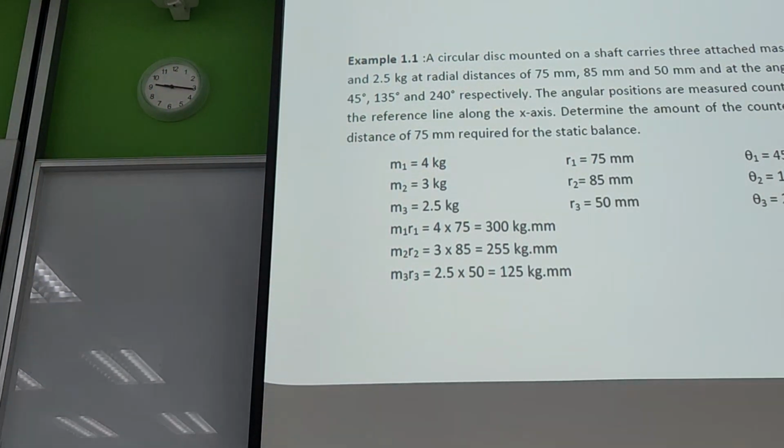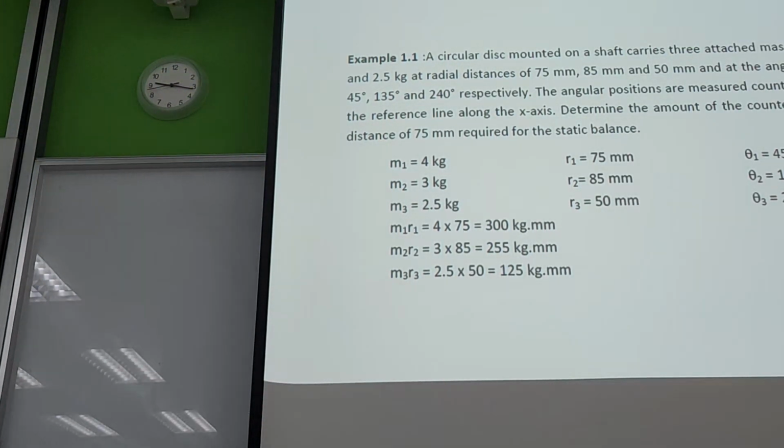Then you complete the polygon. So this is 340 degrees.